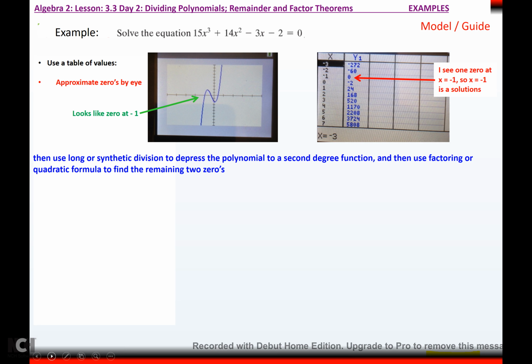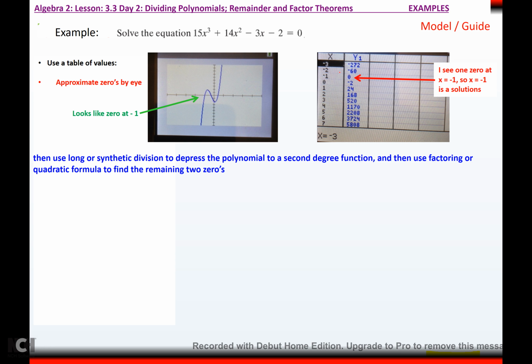Alright, so this one says solve the equation. Again, if they don't give me anything, if they just said solve this third degree function, remember I told you, our hands are tied. We can't do anything with a third degree. They either have to give us a hint and say, here's one of them, or I have to go find one by visually finding one myself. So I typed the function in on the graphing calculator.